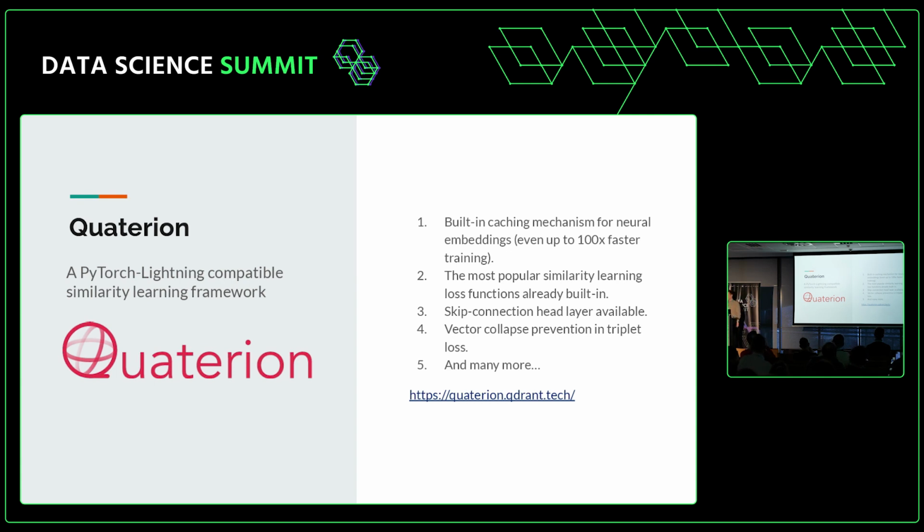That was developed by the company that I work for, Quadrant, but this is fully open source and already has a caching mechanism. One thing I forgot to mention that's quite important: if you decide to freeze this original neural encoder, then there is no need to perform this encoding more than once.